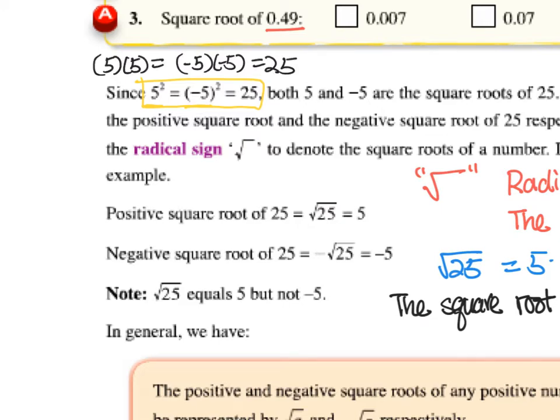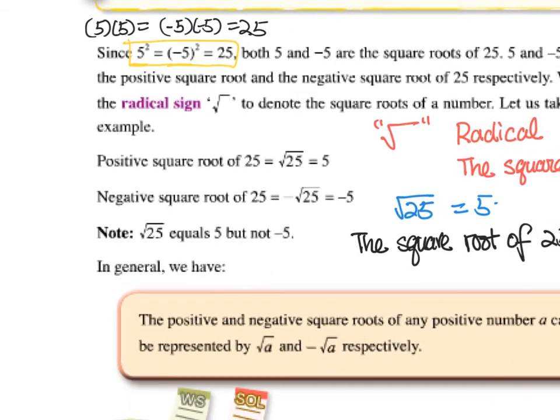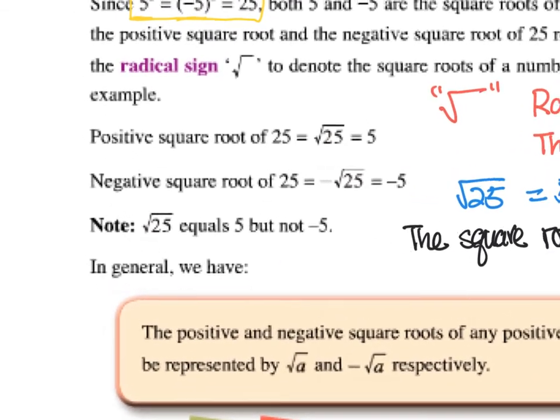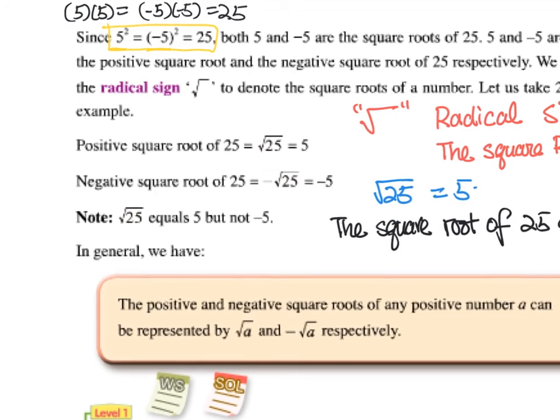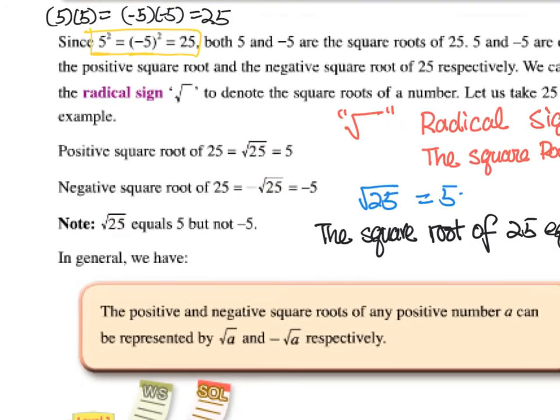So when we say the square root of 25, we have two cases. One is the positive square root, which is 5 only. The other is the negative square root of 25. That means you need to put a negative sign in front of the square root. That is -5.